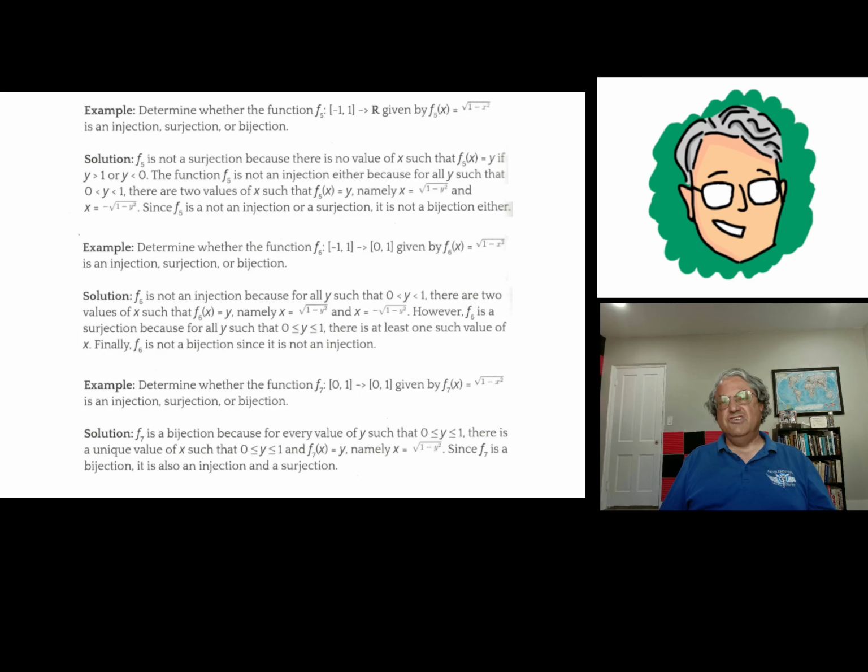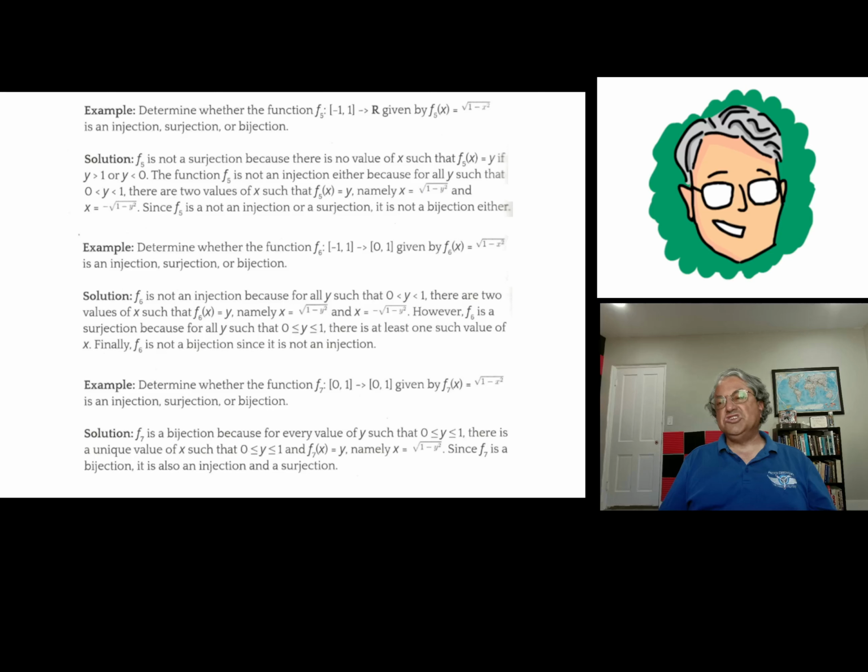You're never going to start with a value of x such that f of x is not in this interval from 0 to 1, because if you start with a number x between -1 and 1, the thing inside the square root is always between 0 and 1. And then when you take the square root, it's still between 0 and 1. So therefore, it is a surjection.